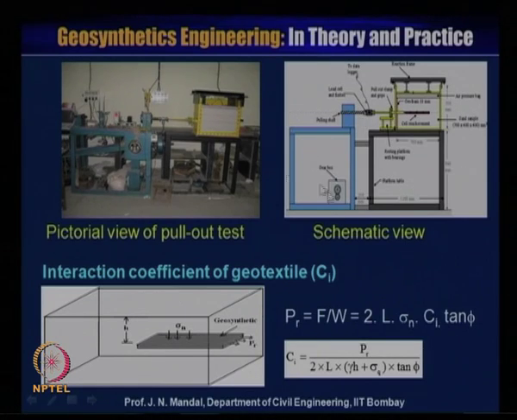So in case of the pull-out test, very important is the interaction coefficient of geotextile material, which is denoted as Ci. For example, this is the geosynthetic material, this is the P_R, and this is the normal load sigma n.